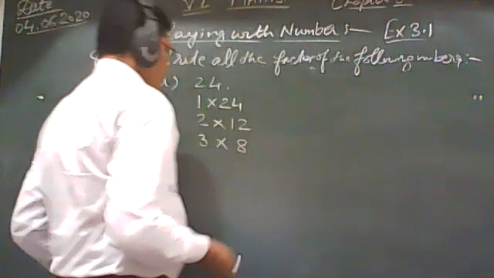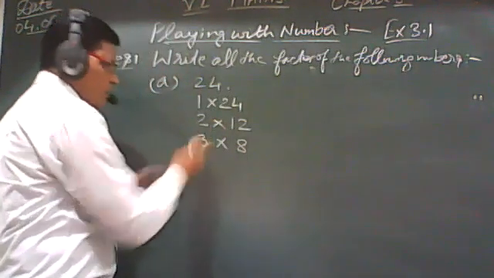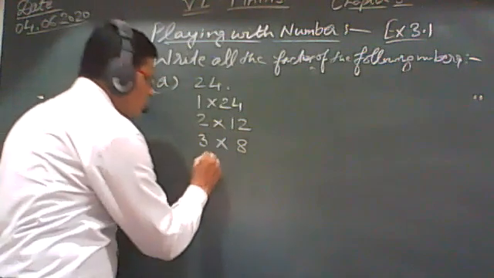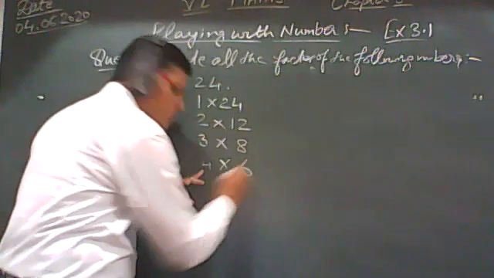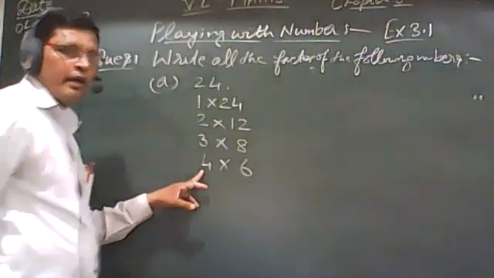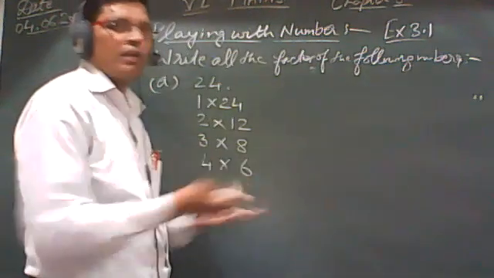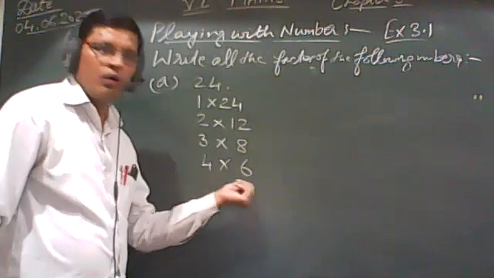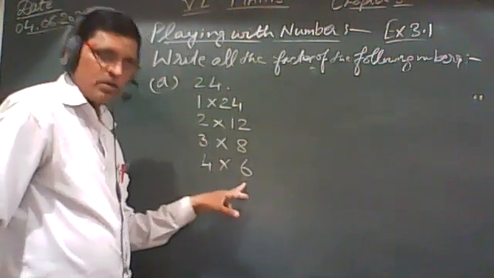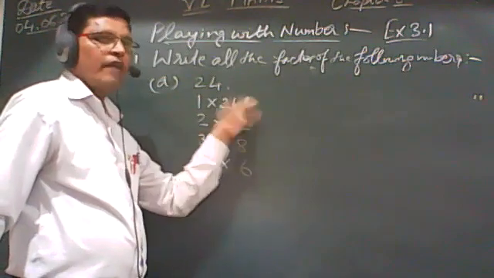And then 4. 4 6s are 24. And then 5, it is not a multiple of 24. 6 is already coming there, and we cannot write here. 8 is already coming there. 12 is already there, and 24.